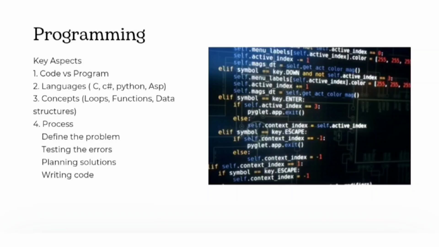In the final stages we are going to write the code. After that you do debugging, and the final stage is maintenance. These are the key aspects involved in the programming sector.